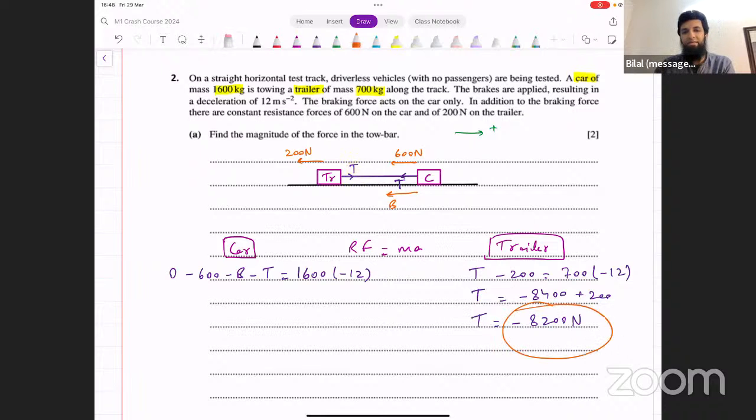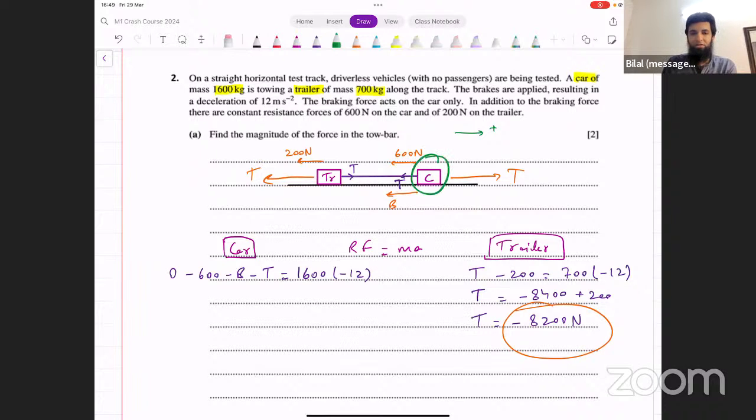That basically tells us that the actual direction for tension on the trailer is this, and the actual direction for the tension on the car is this. Now, why is that? It's a tow bar. Tow bar is something rigid. Think of it as a rod, for instance. When the brakes are applied on the car, what happens?